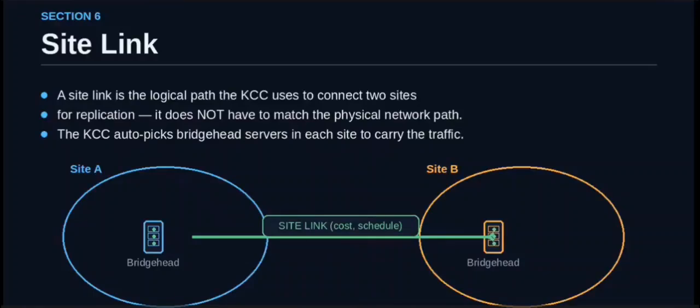For example, imagine the Delhi site has 3 domain controllers and the Mumbai site also has 3 domain controllers. Instead of all 6 domain controllers communicating directly across the WAN, Active Directory selects one domain controller in each site to handle inter-site replication. These selected domain controllers are called bridgehead servers.